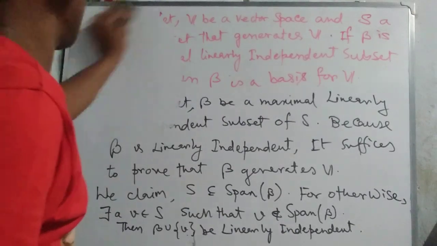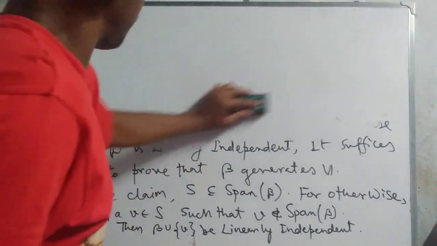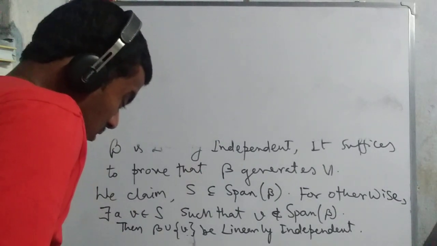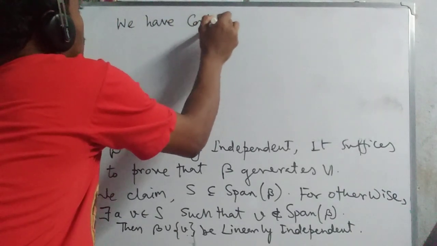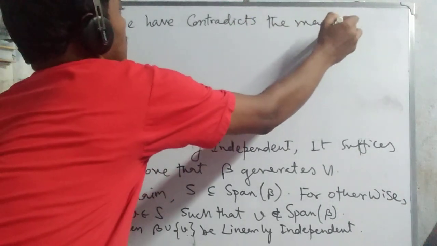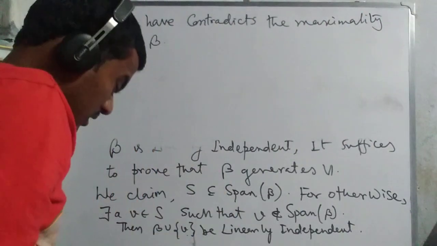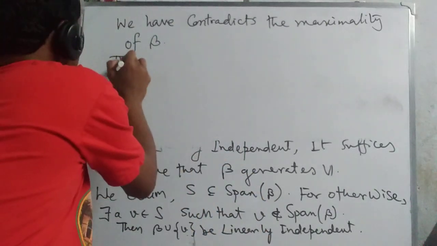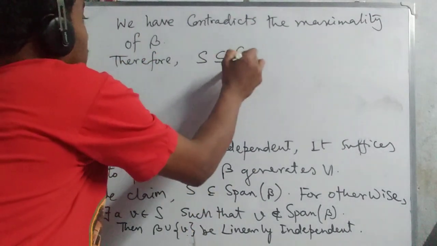Then we have a contradiction of the maximality of beta. Understood? Therefore S is a subset of span of beta.